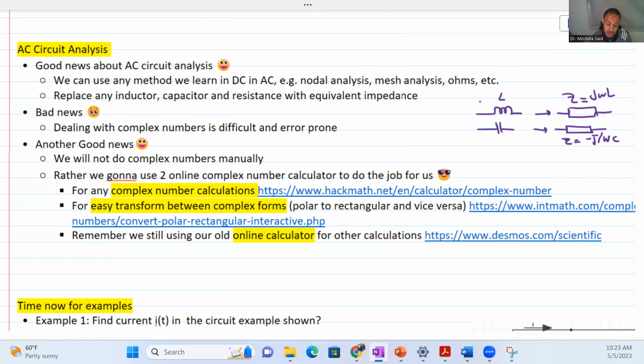Bad news. Unfortunately, dealing with complex numbers is very difficult. It's doable, of course, but it's very error prone. But we have another piece of good news: the conversions from polar to rectangular form, all such stuff, we will do online.